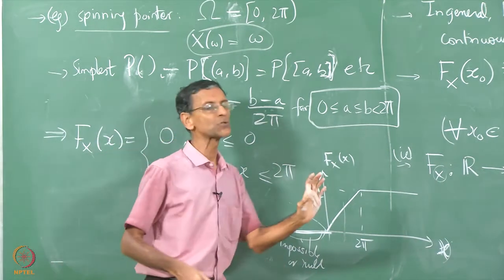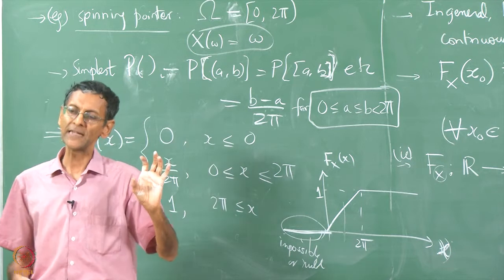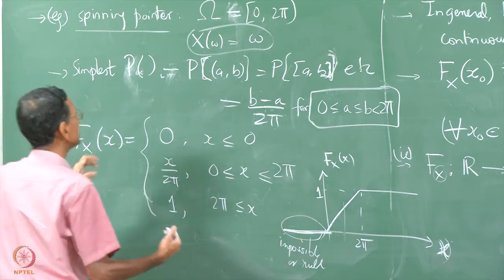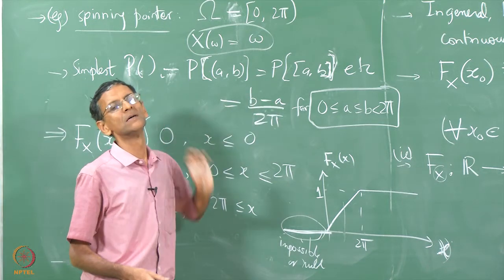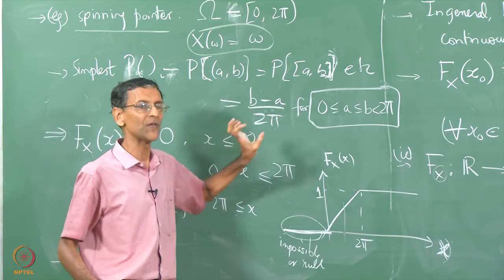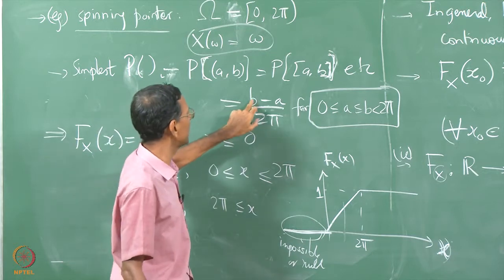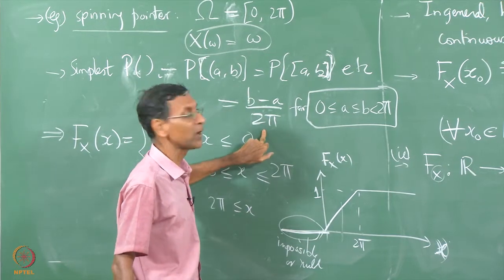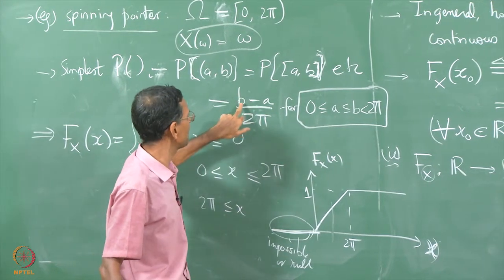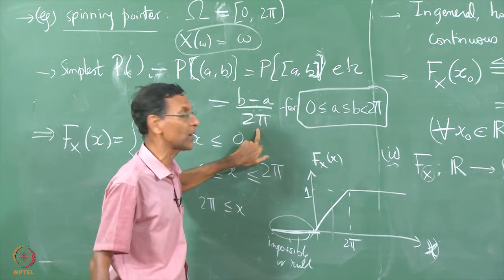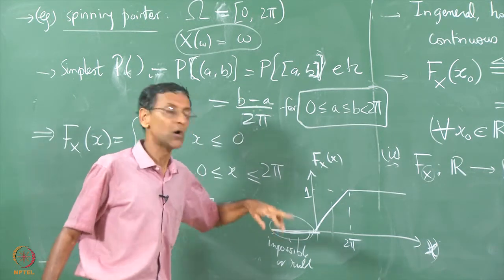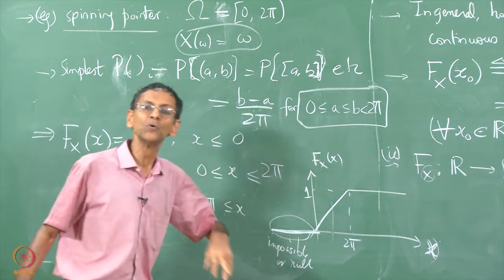A small portion of the dial will have a smaller probability, scaled down by the length of the interval of angles that you specify. So, if I specify pi by 2 to 0, then it will be 1/4, or if I specify pi by 6 to 0, it will be 1 by 12, sorry, or if I specify pi by 3 to pi by 2, it will be whatever.